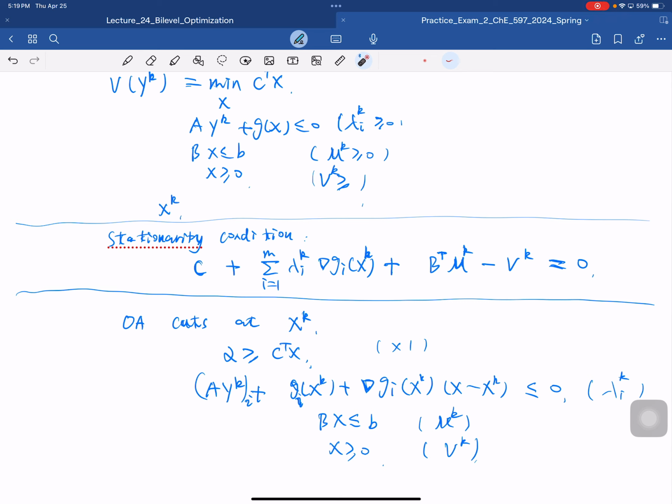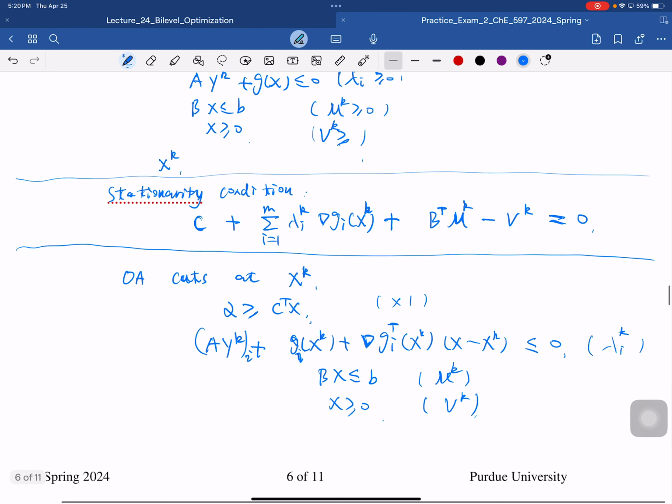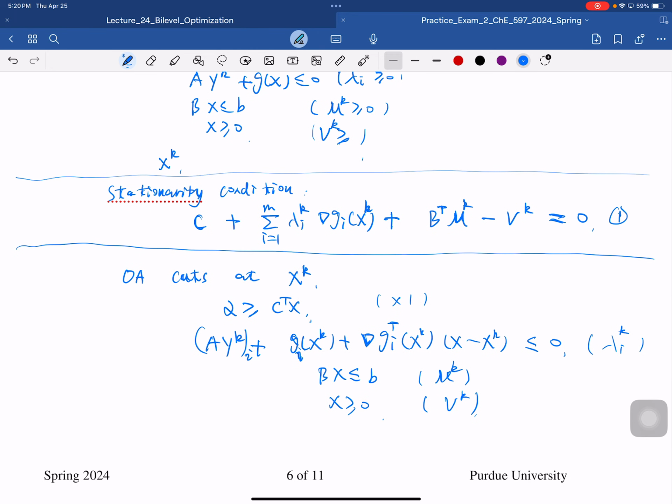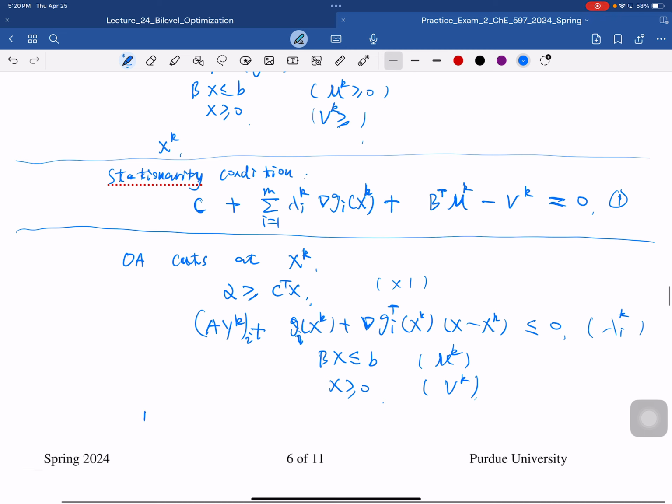And if you multiply this stationarity condition by x minus xk, because here you have a x minus xk term, so this should be gi transpose, so you have a x minus xk term here. But here you have the gradient of gi of x, so you are missing a x minus xk term. You can just multiply this constraint by x minus xk. So let's denote this as equation 1. So you can do equation 1 transpose x minus xk.